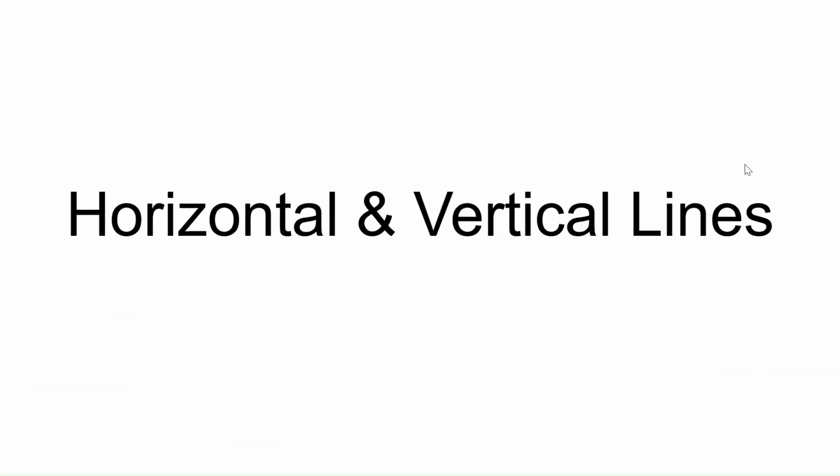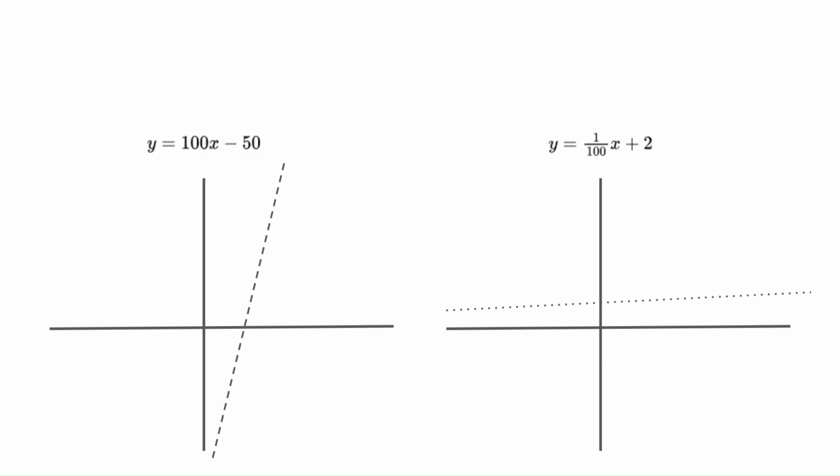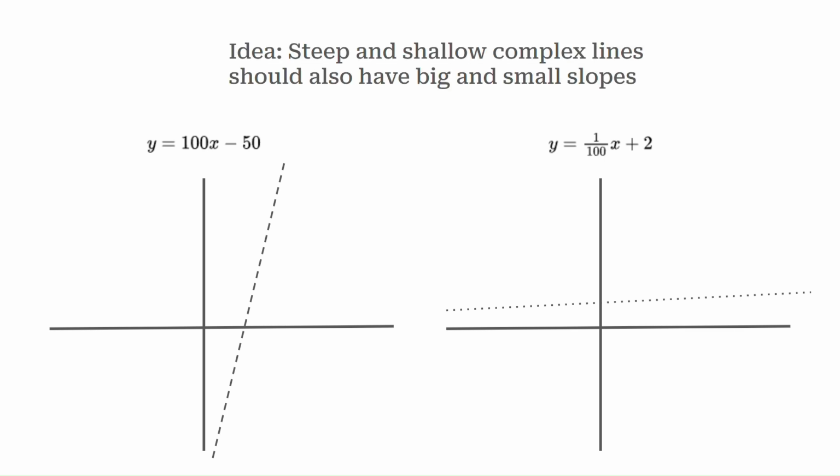Now it's worth thinking about what horizontal and vertical lines mean in this context. In the real context, a vertical line is very steep with a big slope, and horizontal lines are ones with small slopes, like these. So, what if in the complex case we just took it to be the same way? I made a GeoGebra applet to help me write out these graphs that you can play with, which I put in the description, but the underlying method is still pencil and paper.